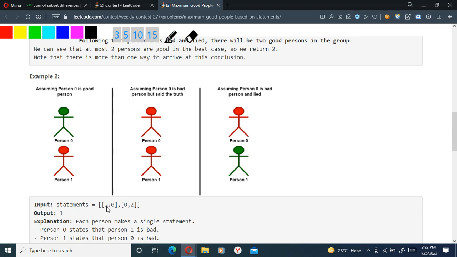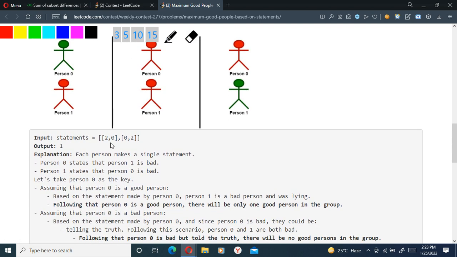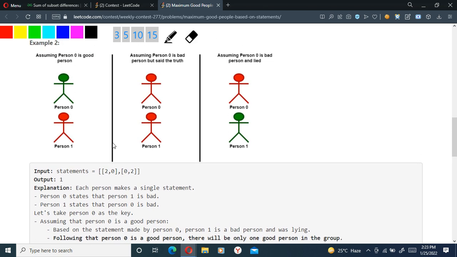Person 0 is telling me that person 1 is a bad person, assuming that person 0 is a good person. We are assuming that person 0 is a good person.